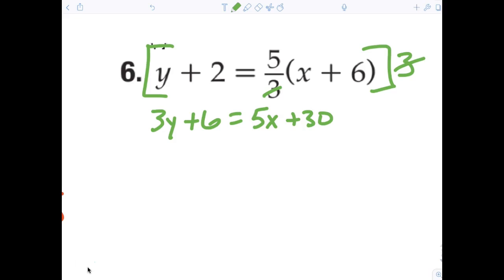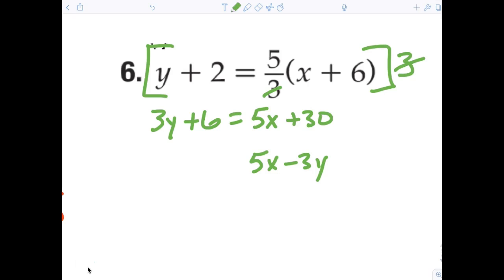Now I want the x and y on the same side. So what do I need to move, Jack? Yes, I'm moving the 3y over. And when I move the 3y over, it becomes negative, right? So I have 5x minus 3y. Did I move the x? No, I moved the y.